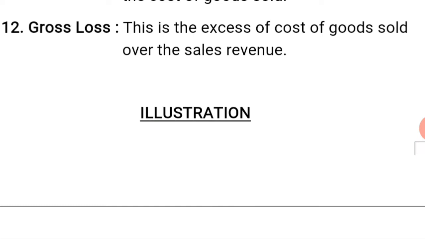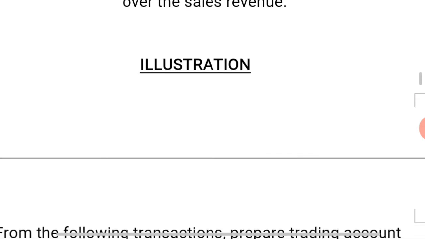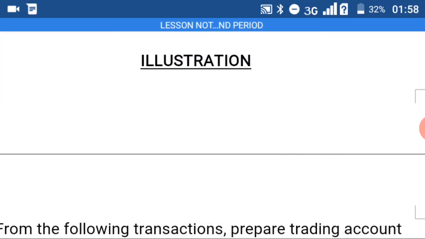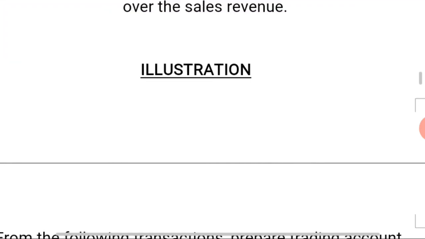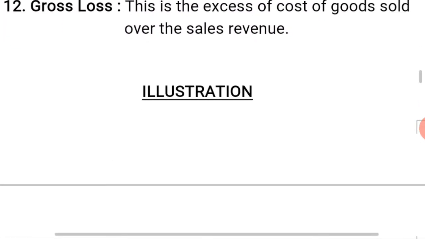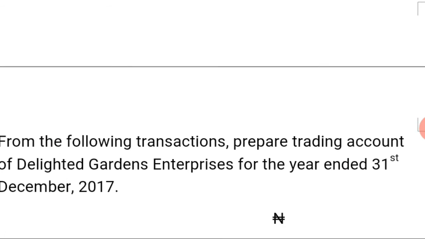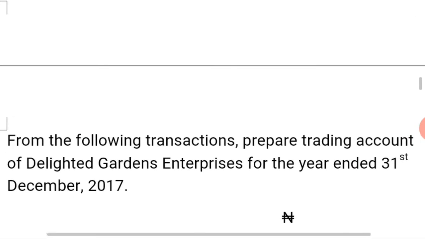This is the excess of cost of goods sold over the sales revenue. That is, when your cost of goods sold is higher than the sales revenue, you arrive at the gross loss. Now, having basically discussed all the items in the trading account, let's look at an illustration to support all that we have discussed so far.